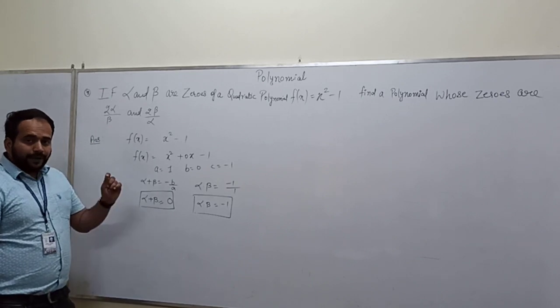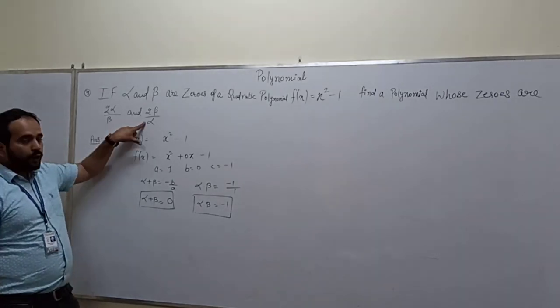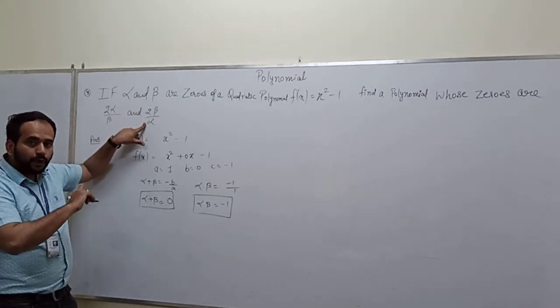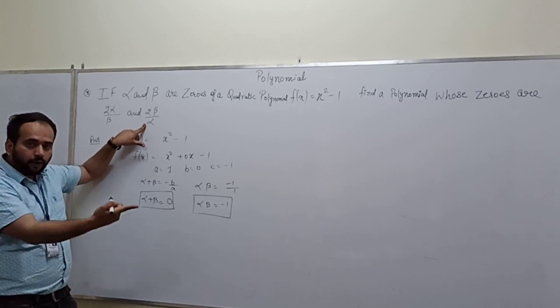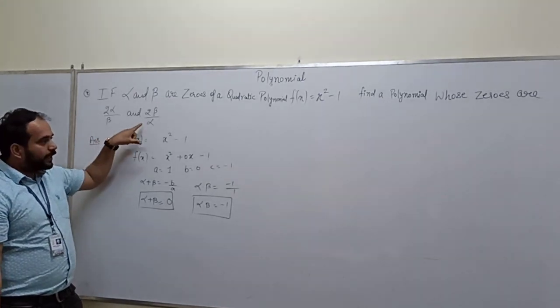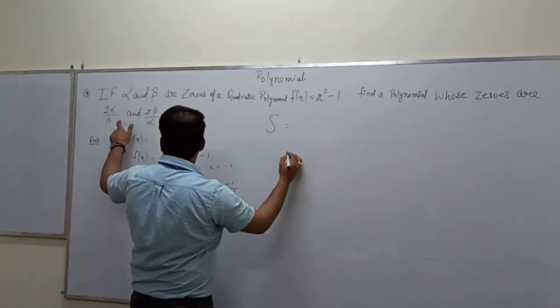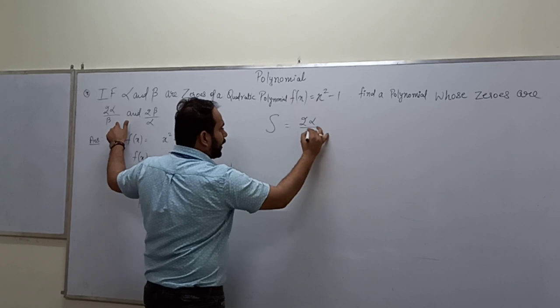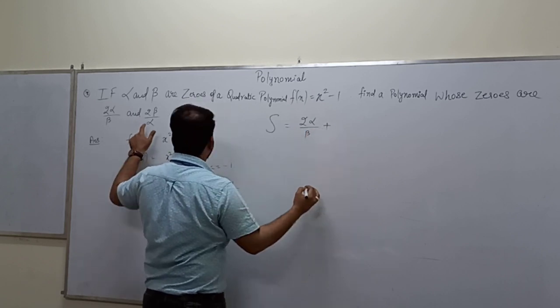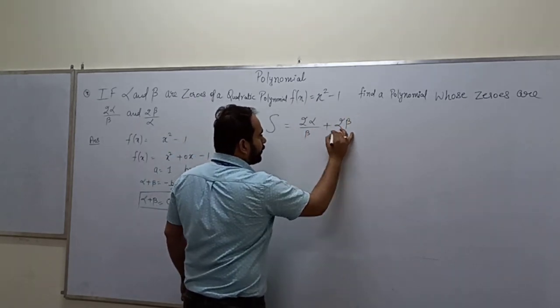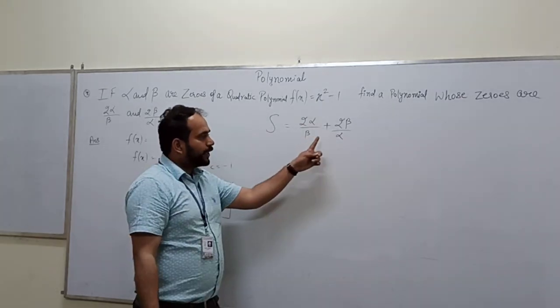Next step, we have to find out the sum of these zeros and the product of these zeros so that I can use my formula. For finding out their sum, let the sum be s, which means 2 alpha by beta plus 2 beta by alpha. Now we have to take their LCM.